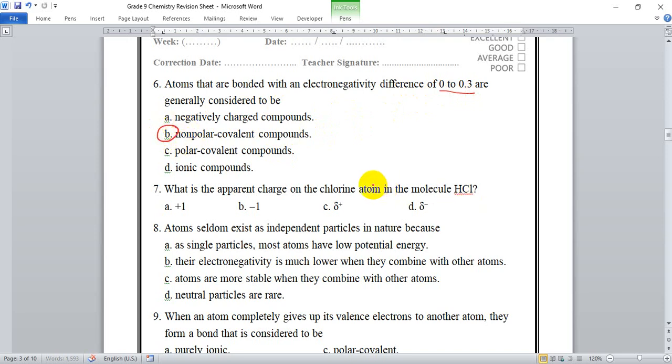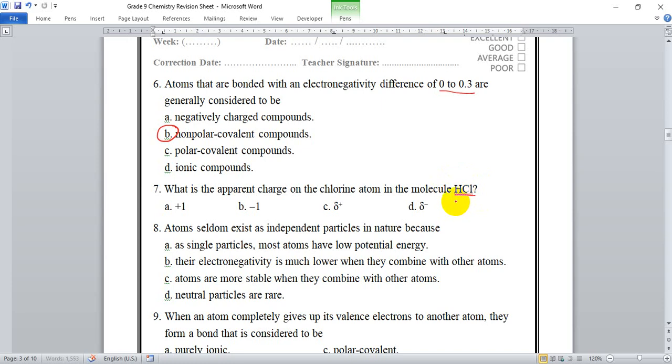Number 7. What is the apparent charge on the chlorine atom in the molecule HCl? HCl is a covalent compound. So, hydrogen and chlorine. Chlorine will attract the electrons more than hydrogen, because chlorine has higher electronegativity than hydrogen.